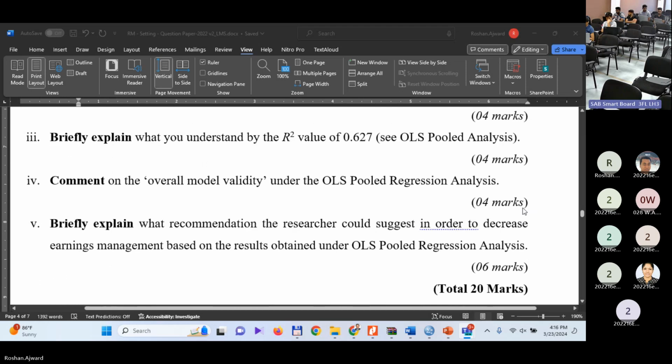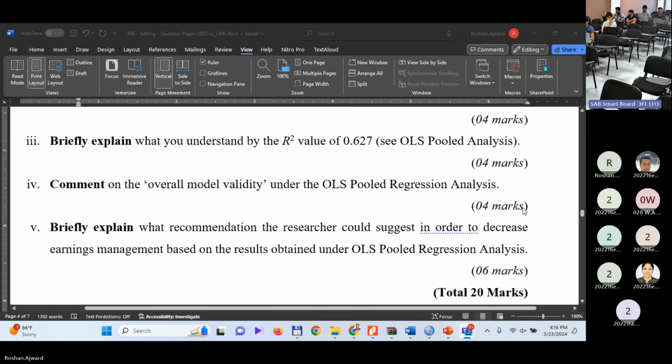Then, briefly explain what you understand by the R squared value. Of how much? Yeah, exactly. Okay, 62% of the earnings management dependent variable is explained by the selected 11 independent and control variables.